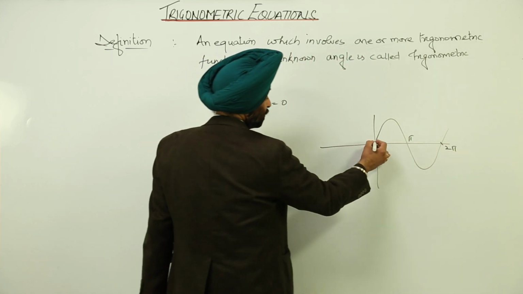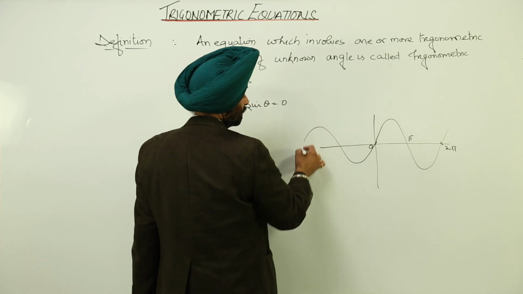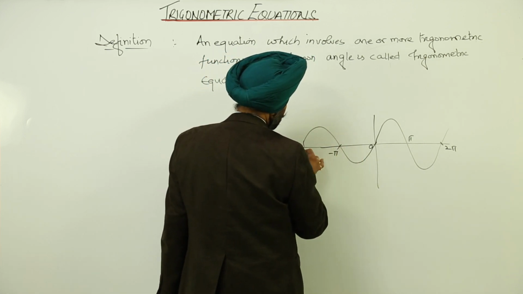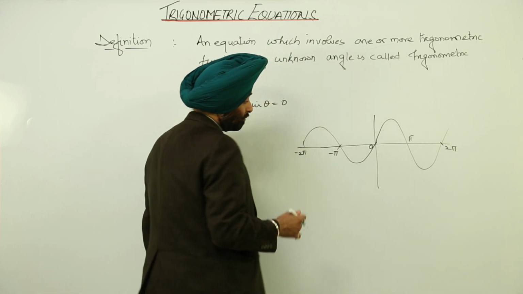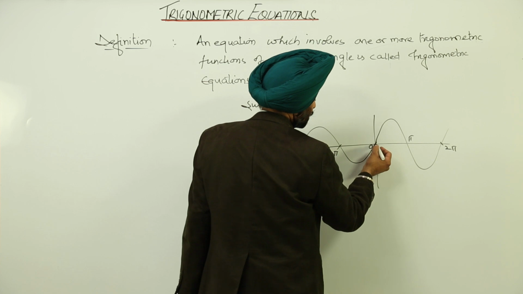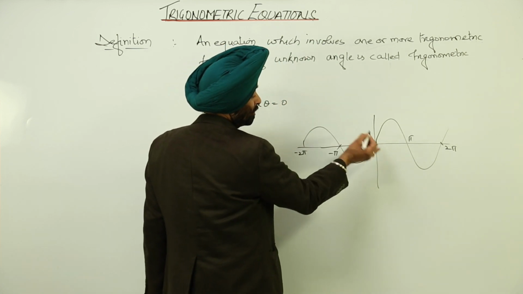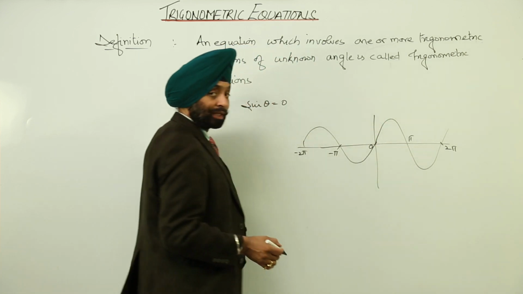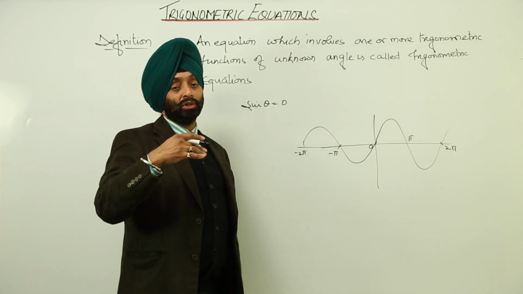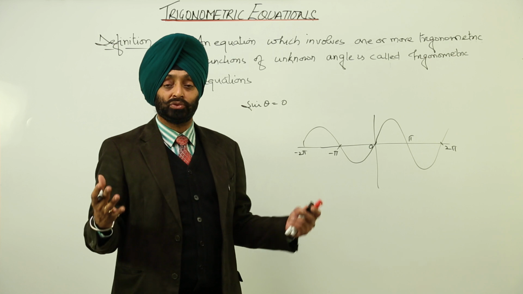Similarly, moving this side, this is negative pi, this is negative 2 pi. So graphically it indicates that when theta is 0, sin theta is 0. When theta is pi, sin pi is 0, sin 2 pi is 0, sin negative pi is 0. So there can be numerous values.